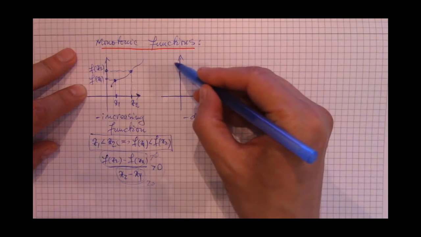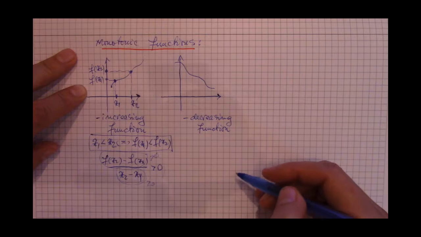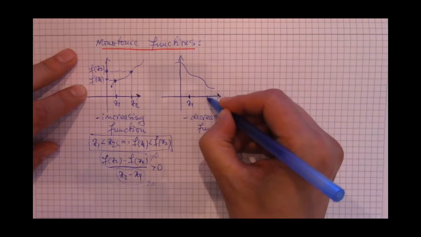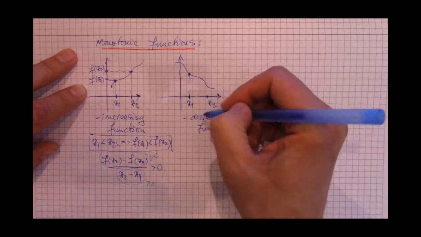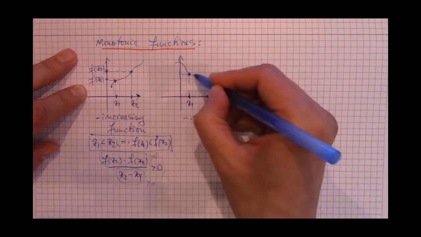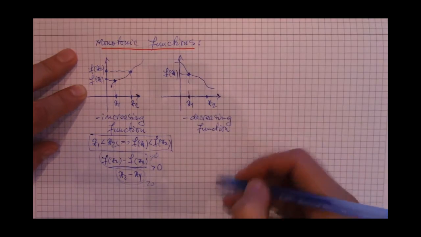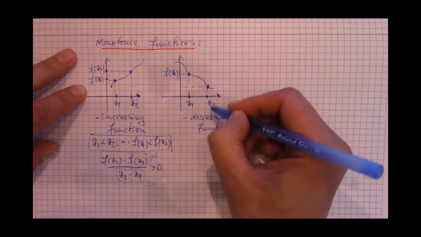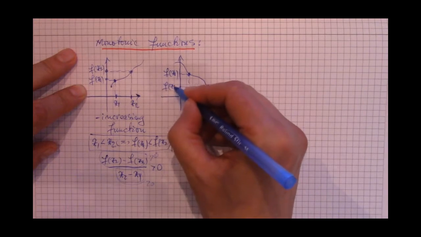But for a decreasing function, as we draw the graph of it, we are supposed to go down. In other words, if we pick 2 different points, x1 and x2, this point here is on the graph of f, so the y-coordinate of it is f of x1, and this point here is on the graph of f, and its y-coordinate is f of x2.